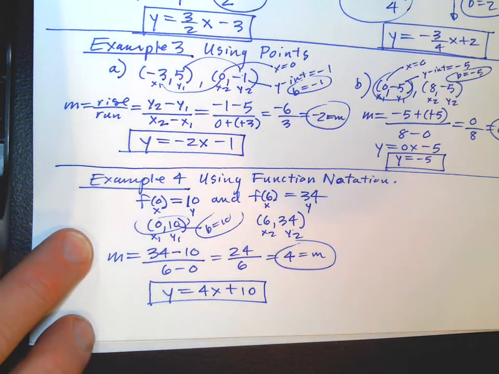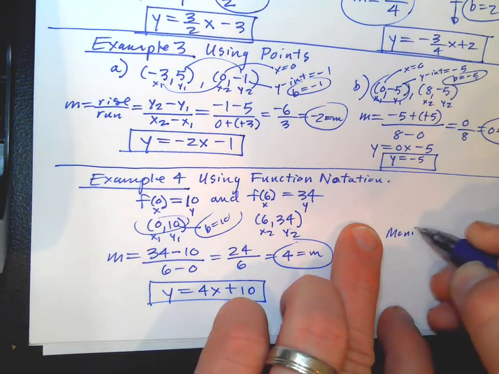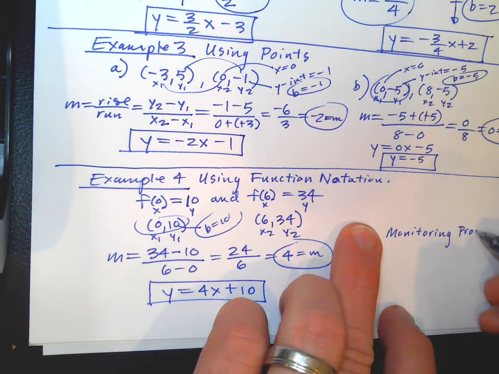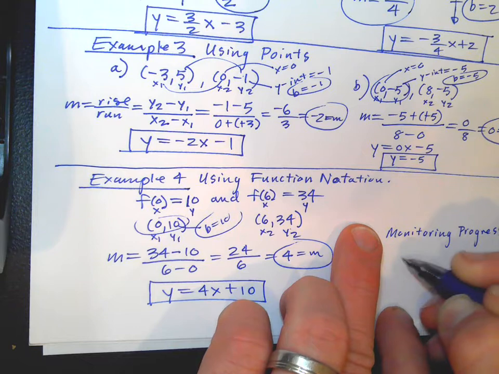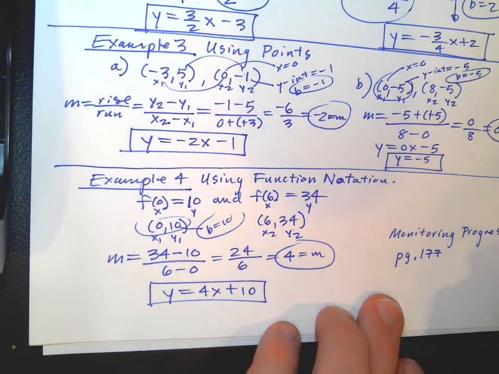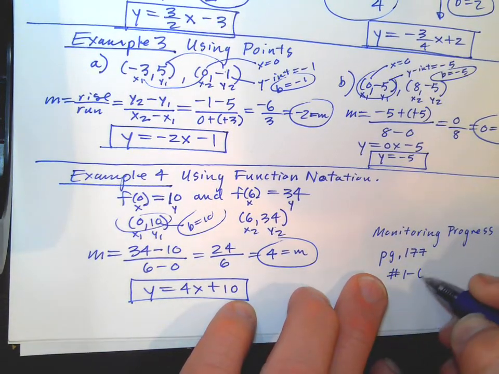There you go. Now, today's classwork will be monitoring progress. Starting at page 177 in your book, it's at the bottom of the pages. We will do problems 1 through 6 all.